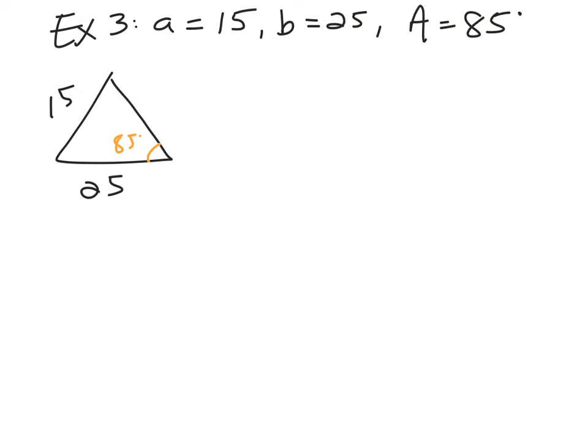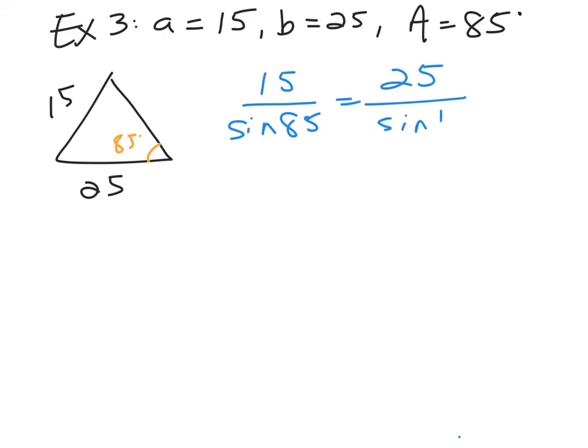So just like we've done, we're going to set it up by doing our 15 over the sine of 85 is going to equal 25 over the sine of B. Remember, angle B is the one that we're looking for right here.